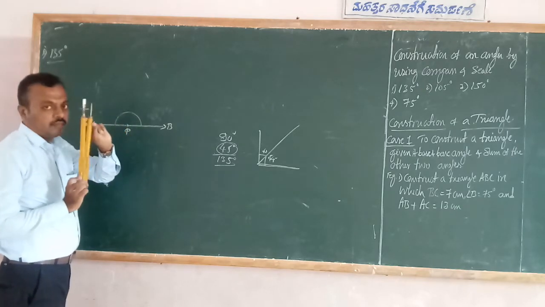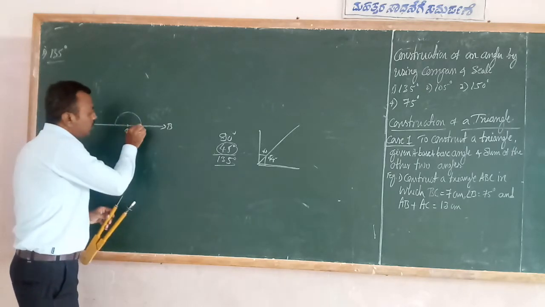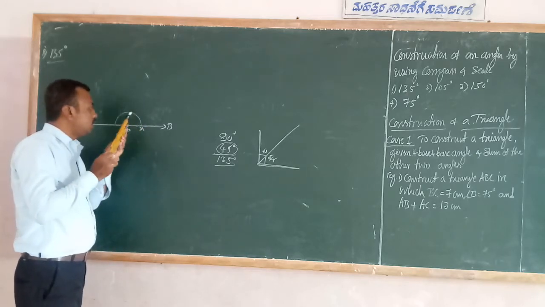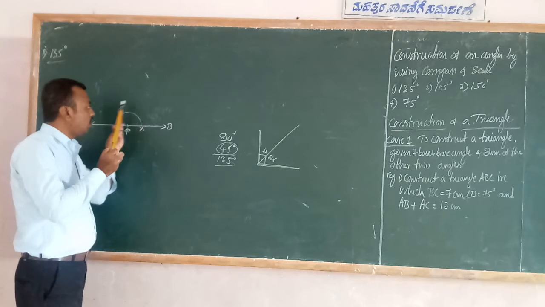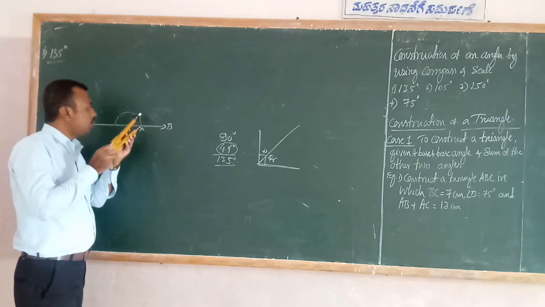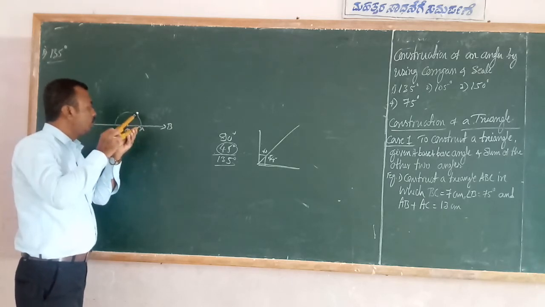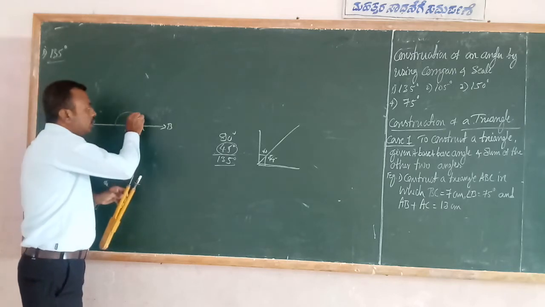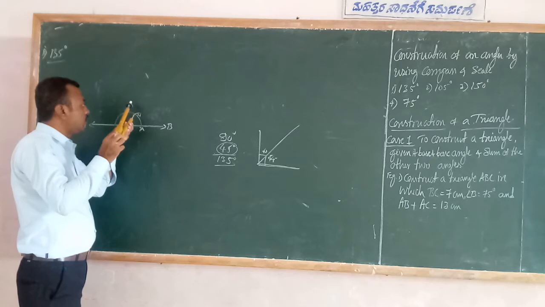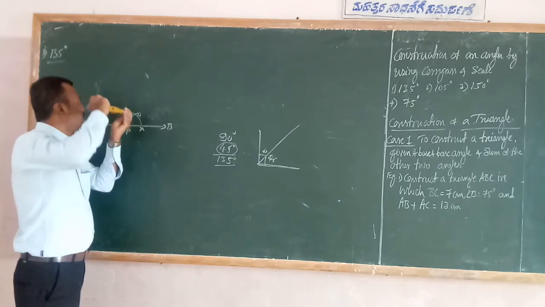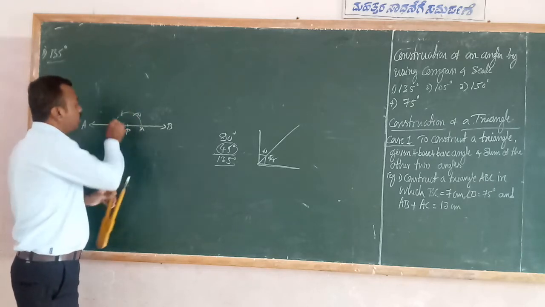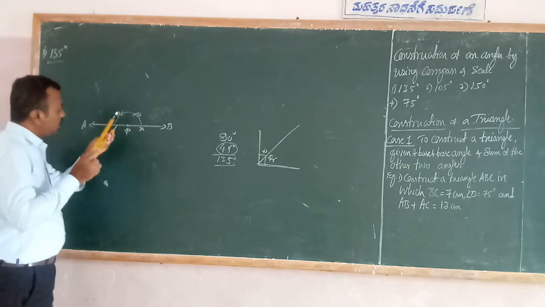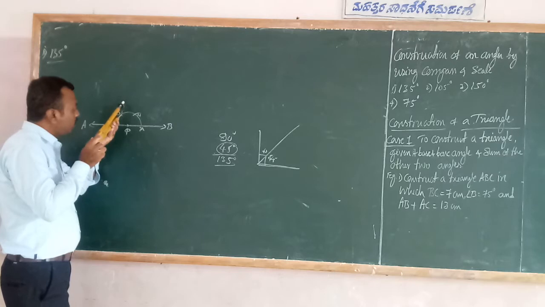This PB intersects the arc at the point M, you can call it M. Keep on the point M and cut another arc on the previous arc, that is called N, and the next arc is called O. Now we have to construct first the 90 degree.